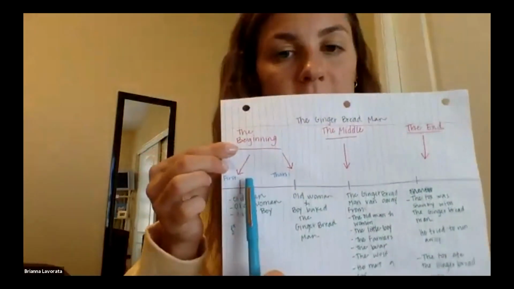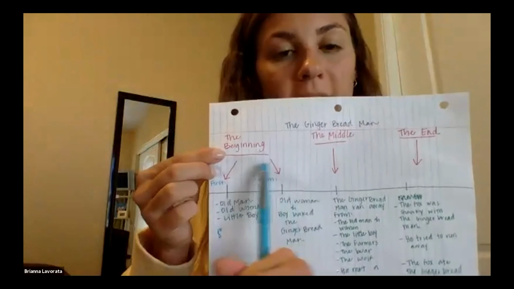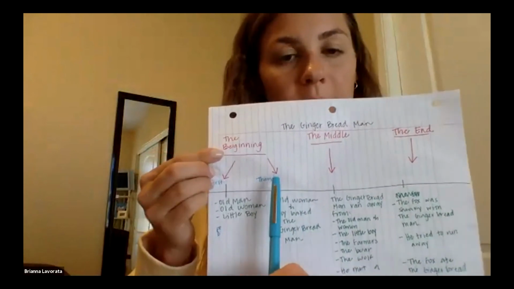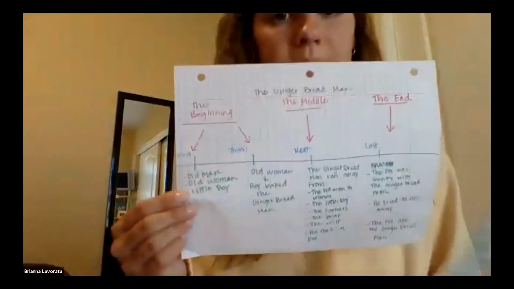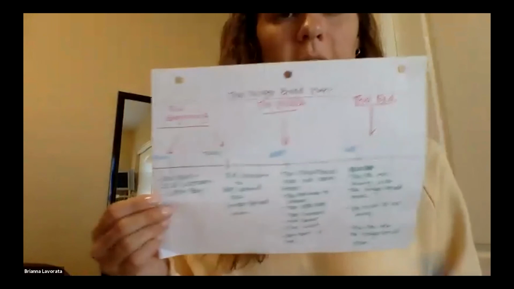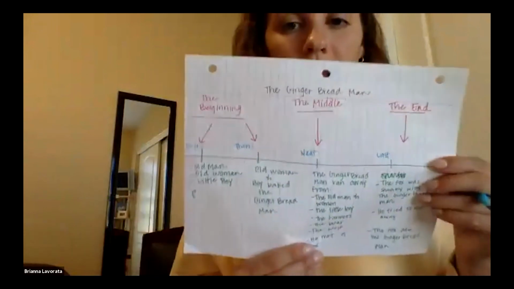So first, this happened. Then this order of events happened. Next, we have the middle of the story. And last. So let's go ahead and read this all together.